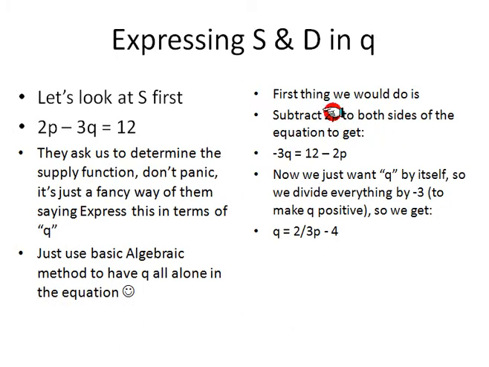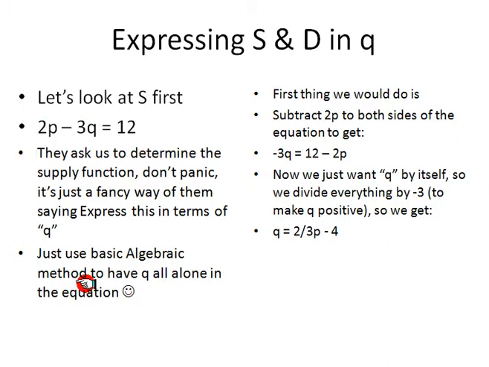Okay, so let's say expressing S and D in Q. Okay, let's look at this, okay? They asked us to determine the supply function. Don't panic. It's just a fancy way of them saying express this in terms of Q. So that means, you see this Q here? We want Q by itself on one side of the equation.